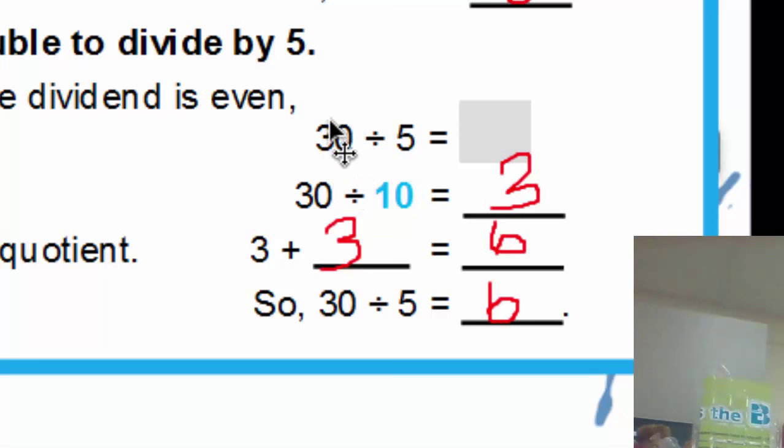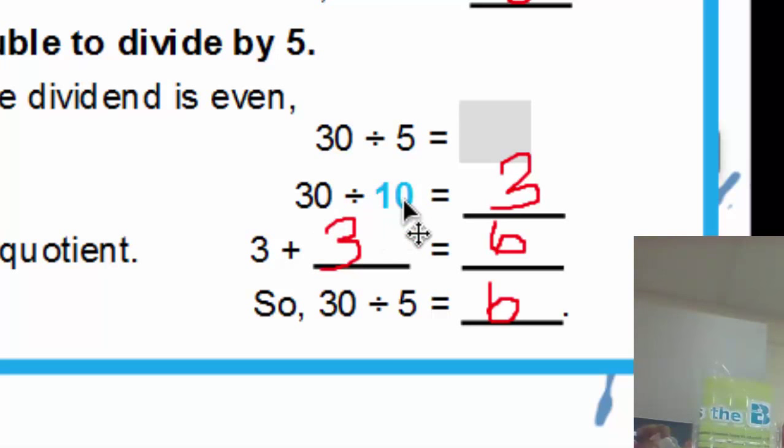Well, if this was 35, can we divide 35 equally into 10 groups? No, that's right. We can divide 30 equally into 10 groups. We can divide 40 equally into 10 groups. So this dividend has to be a multiple of 10, doesn't it, in order to divide by 10.